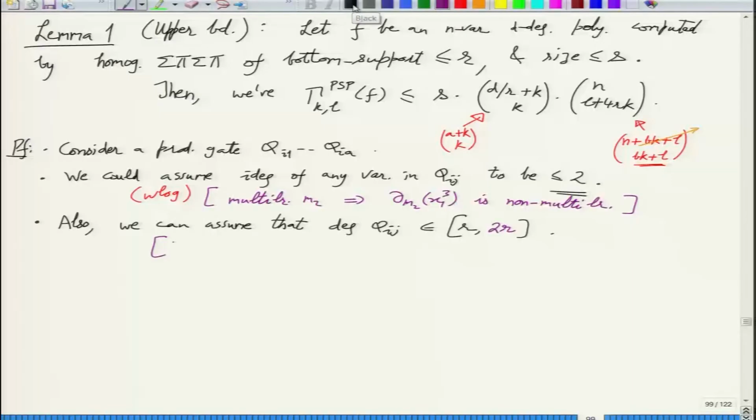But when you do this process, now what is the upper bound? 3R, right? Yeah, it could be more than 2R. I think 4R is also possible. For 4R you have to multiply two things of degree. Yeah, so let us just keep it simple and go back to 4R. It's because of this process. So I want simultaneously the degree of Qij to be R to 4R, and that can be achieved by just multiplying out things if needed. If the degree is too low, then you just multiply things.